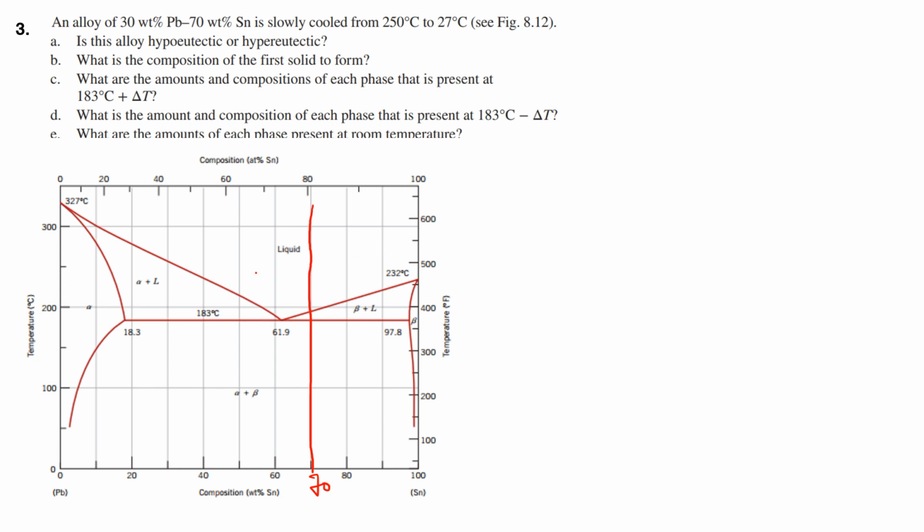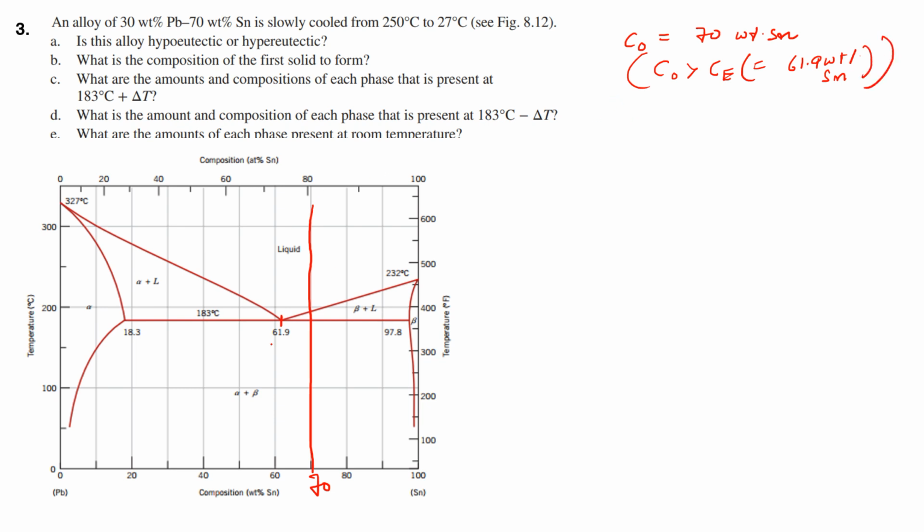So this is C naught equal to 70 weight percent tin, and this is greater than CE, which is equal to 61.9 weight percent tin.